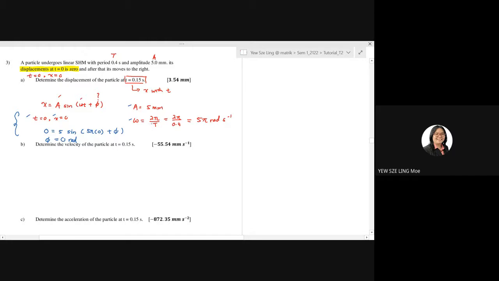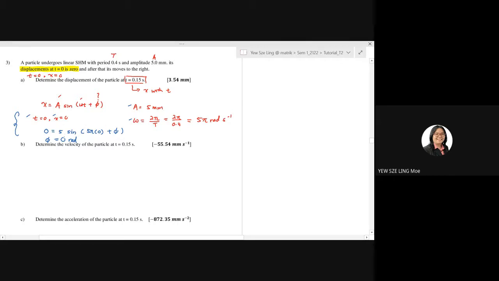It does not start from the amplitude, it does not start from the equilibrium position. So you yourself have to find out what the initial phase angle is, where it starts. This is how you find out the initial phase angle, the initial position.